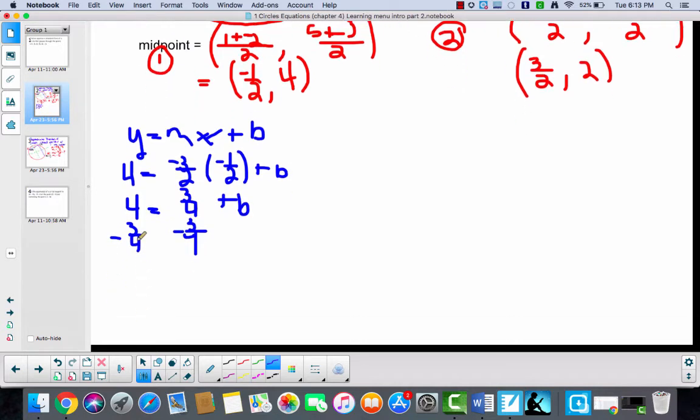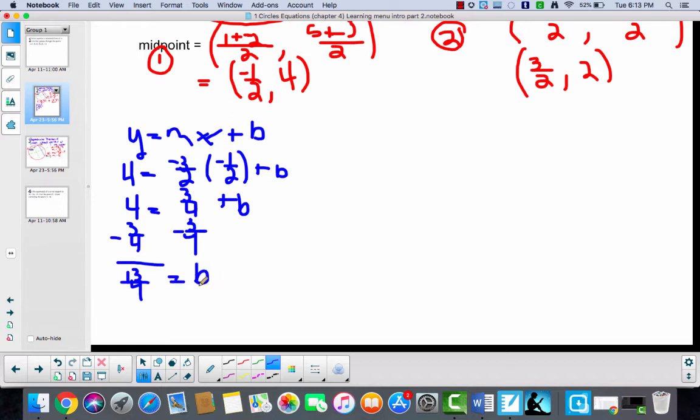And when doing so, I need to think of 4 as 16 over 4, so I've got common denominators. So when I subtract that, 16/4 minus 3/4 gives me 13/4. And that is my b.